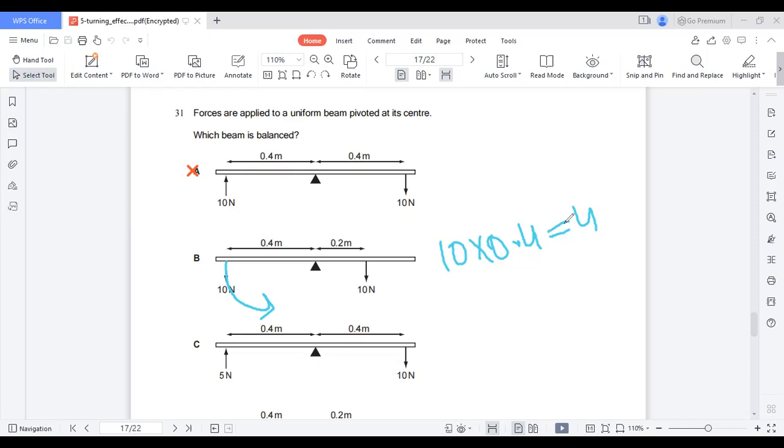Similarly, we have a clockwise movement in this direction. 10 Newton is the force and 0.2 is the perpendicular distance, so it is 2 Newton meters. You can see the clockwise movement is less than the anti-clockwise movement, so it is not going to be balanced.